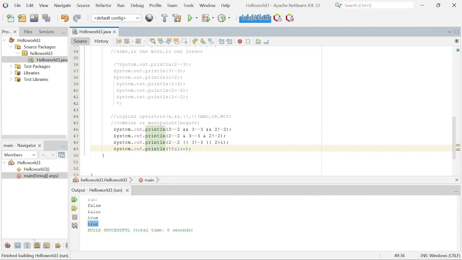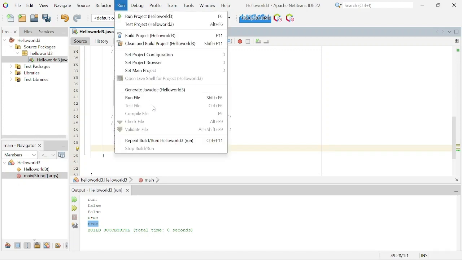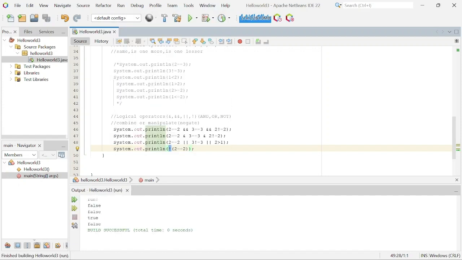So instead of giving a boolean value, I will give a relational expression. So I type 2 is equal to 2, which means it's true, but the true will be negated, or inverted, to false by this character, the exclamation point.